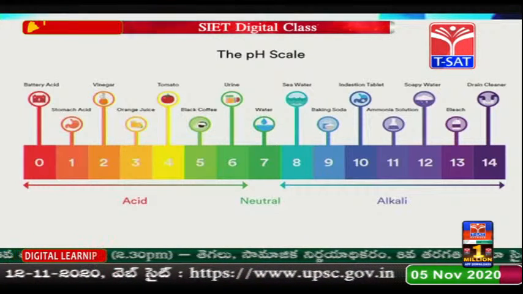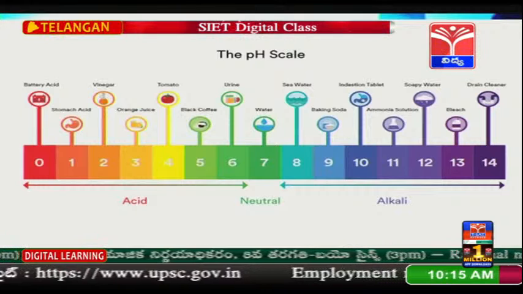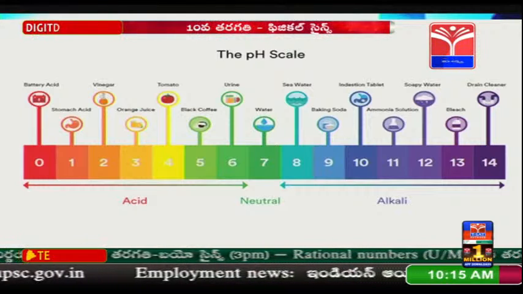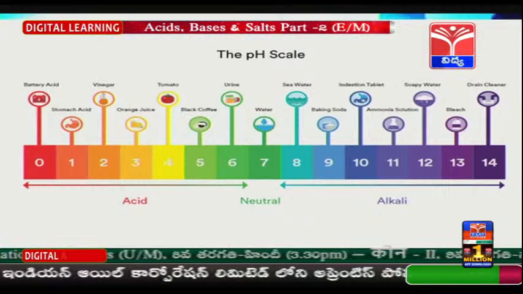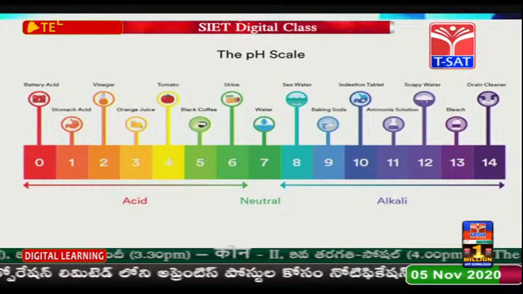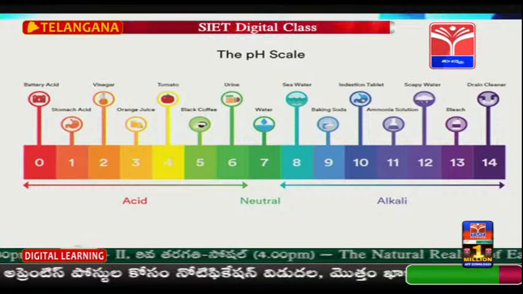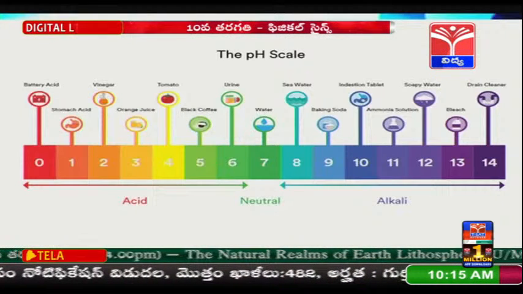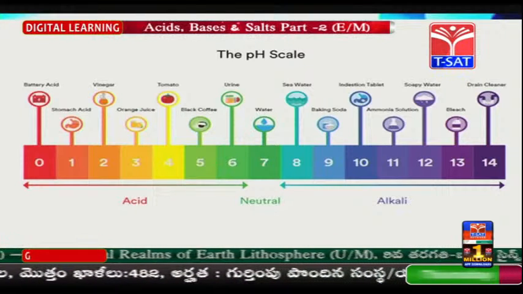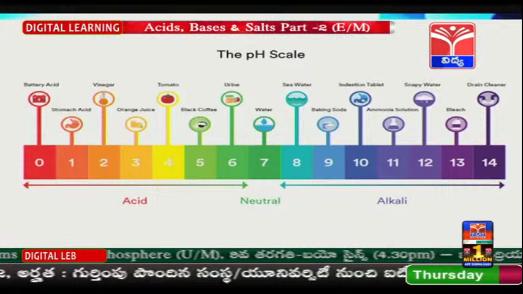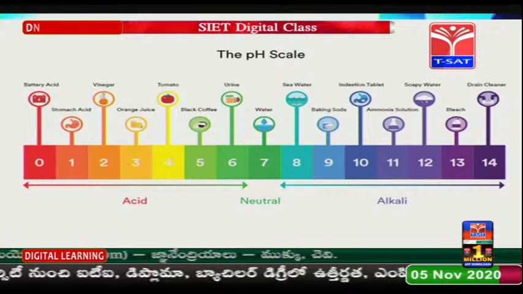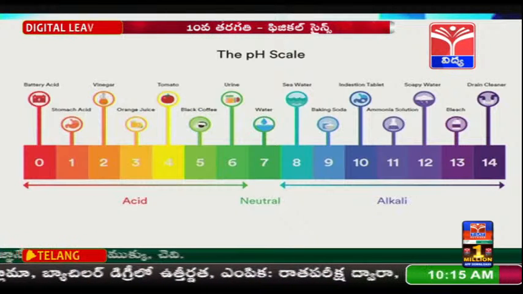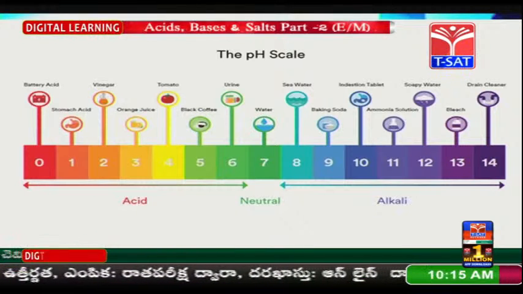Sea water, on the other hand, is a little bit basic, it has 8 on the pH scale, indicating that it is a weak base. Baking soda stands at 9 on the pH scale, it is also a weak base. Indigestion tablet, that is antacid, whatever we take when we suffer with gastric problem, stands at 10 on the pH scale.